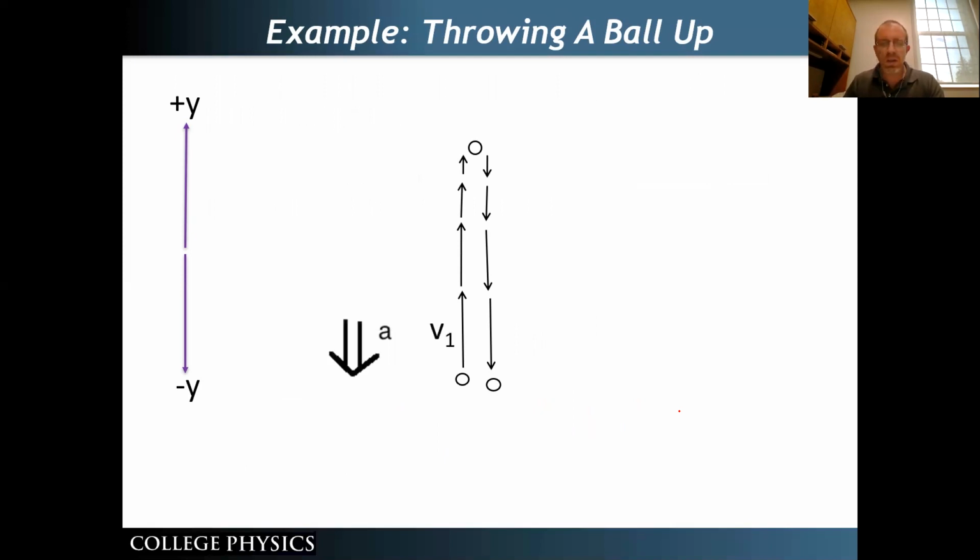So initially, it's slowing down. Gravity is acting downwards on it, causing the ball to slow down as it rises. Then when it gets up to the top, its velocity is 0, but gravity is still acting on it. It still has an acceleration that's downwards due to gravity. If it didn't have an acceleration downwards, then it would just hang up there in the air. That doesn't happen.